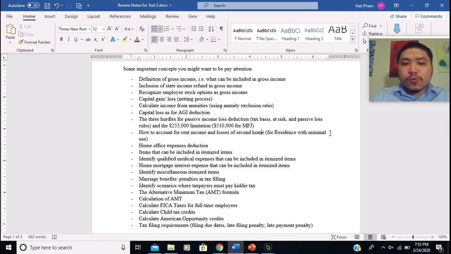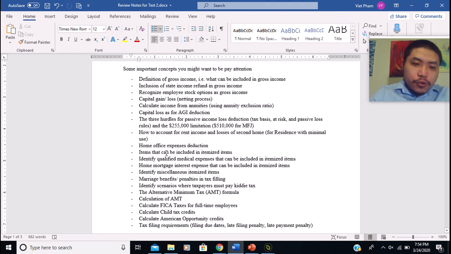The second type and the third type are quite complex, so I'm not going to ask you about those 2 types. I'm just going to ask you about the residence with minimal rental use, which is the easiest, the least complex scenario. So make sure you know what to do when taxpayers are facing this scenario.